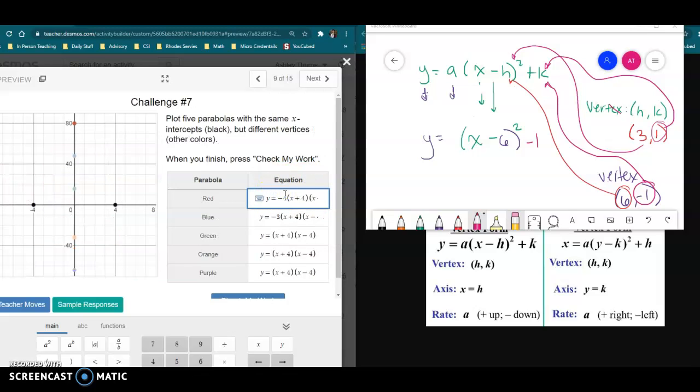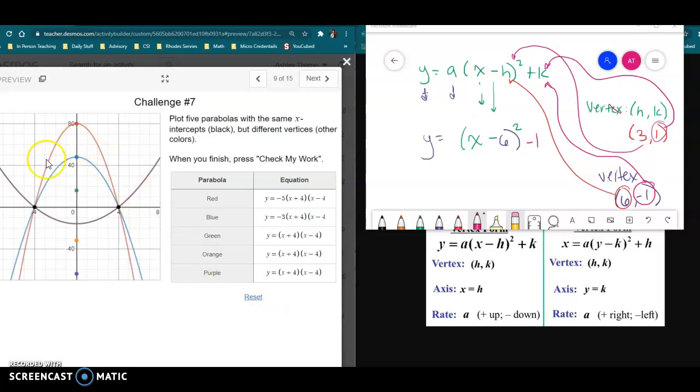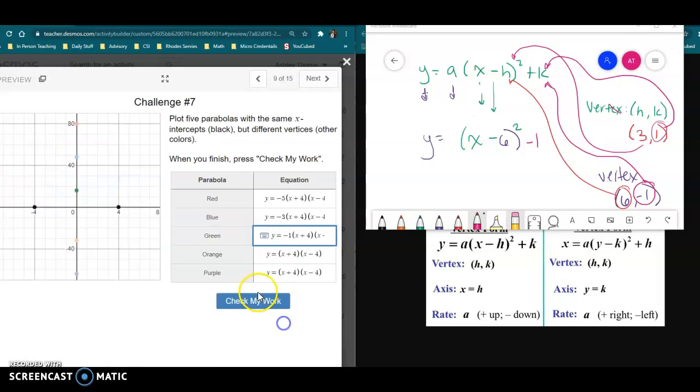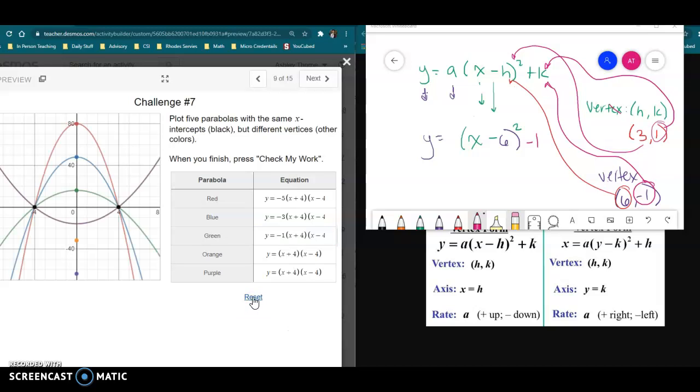Closer. Let's try negative 5. Perfect! So I know my red and my blue are done. My green. We said it was going down, so I believe we already did that one as a process of elimination. Yep, we got negative 1.